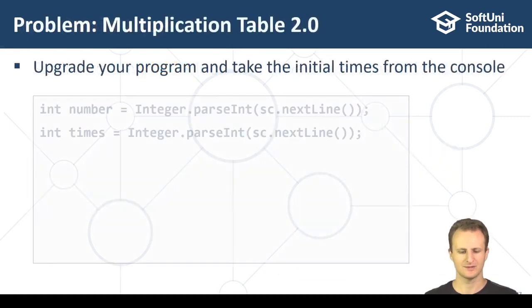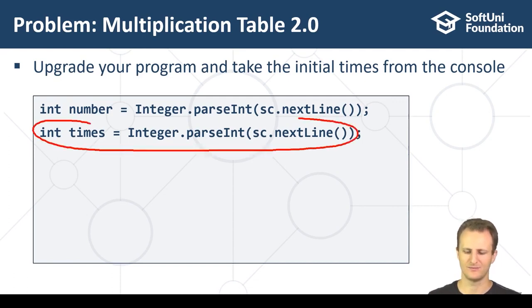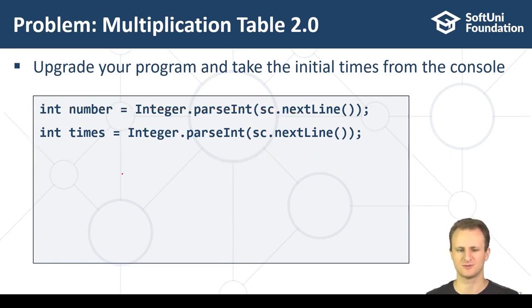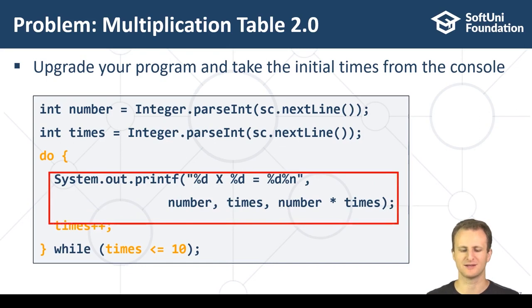Okay, so we have another version of the multiplication table where the number of multiplications we need to display is entered from the console, and this is pretty much the same task but done with a do while loop. So this will always print at least once.